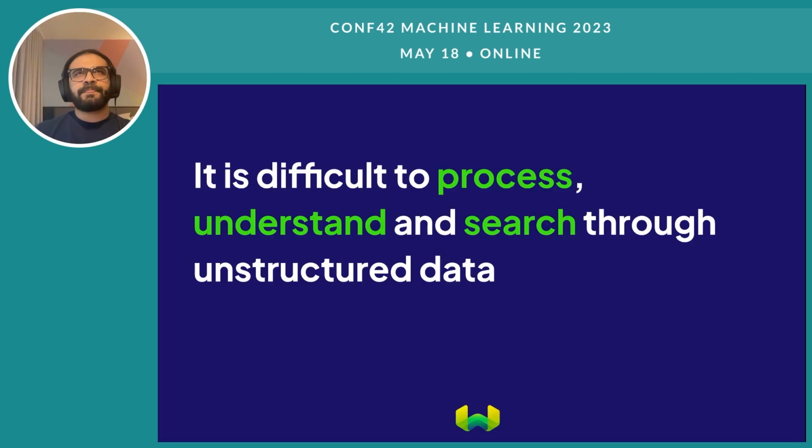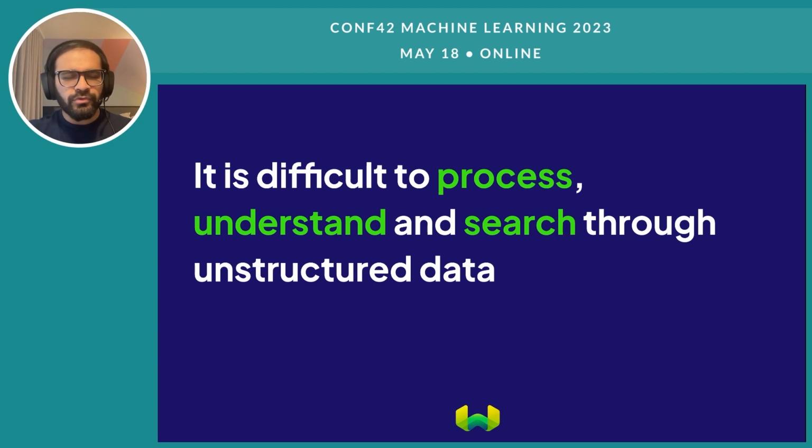So really, if we want to achieve this end goal of semantic search, similarity search, over our documents, there's a couple of hurdles in our way. The first hurdle being that we need to take our unstructured data, we need to be able to process it, understand it, and search through it. And that's a difficult task. Right?